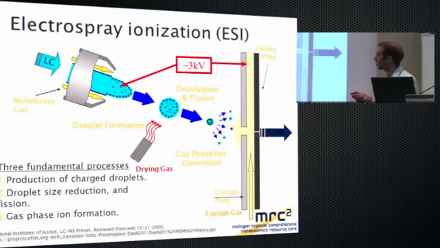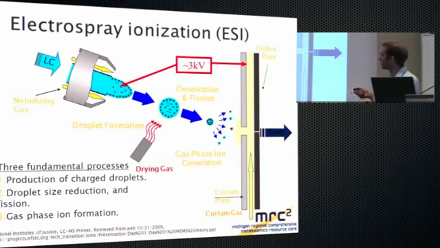So we use a nebulizing gas, a heated nebulizing gas, typically along with a drying gas to help remove the solvent. We also apply an electrical potential, high voltage, basically, to this droplet. This is all done by the instrument, which imparts an abundance of charge on the liquid coming out of this capillary. And through the process of adding this nebulizing gas and applying the voltage, droplets are formed.